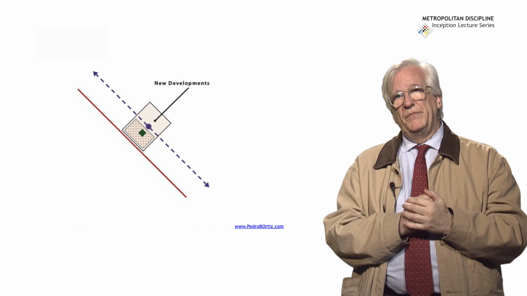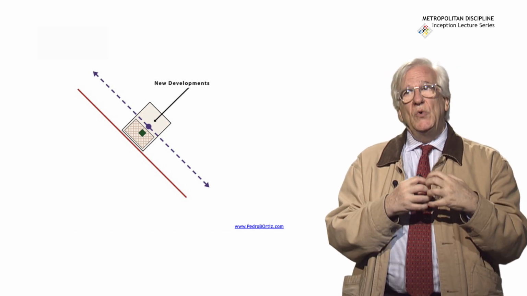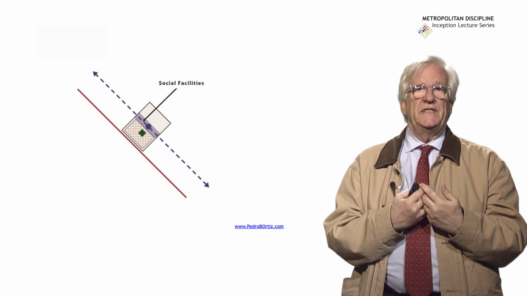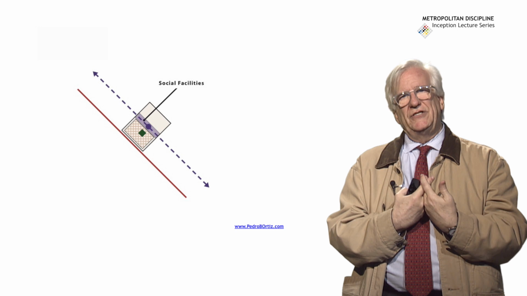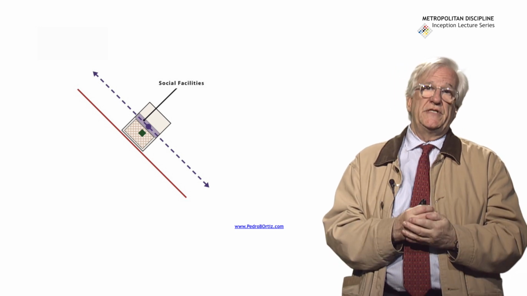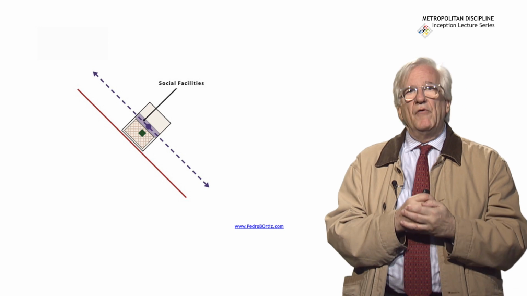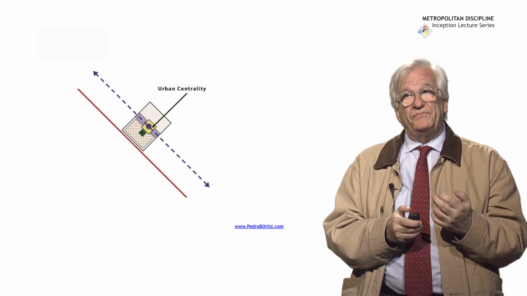So around those main stations, points of accessibility, you will have most of the social facilities, because when you have 100,000 people going through that station, you really can provide many of the social services and commercial services around the station. So you are creating there a centrality.